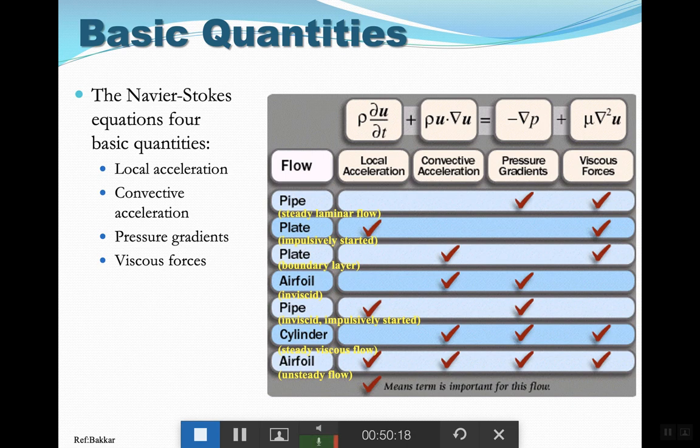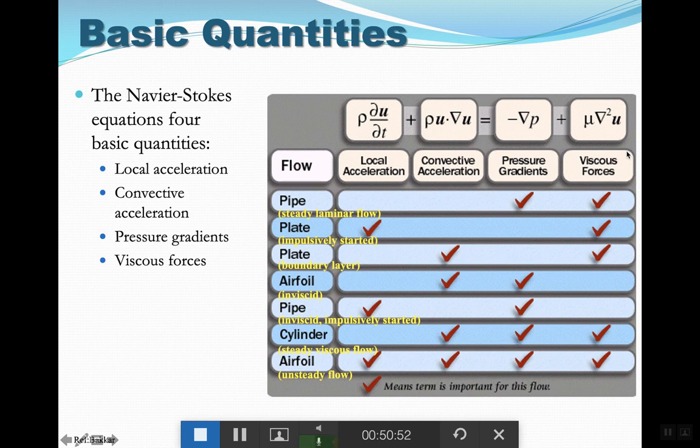So in the Navier-Stokes equation, you're dealing with four forces: the local acceleration, which deals with time; the convective acceleration, which deals with the momentum of your system; then the pressure gradient, of course, pressure changes in your system; and the viscous forces.